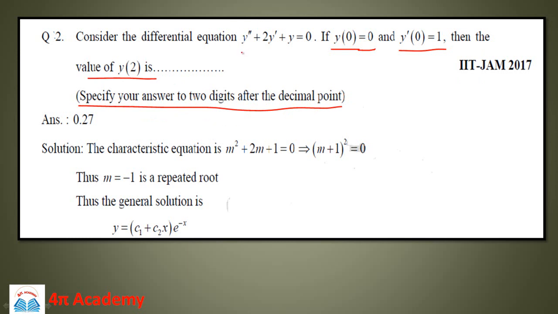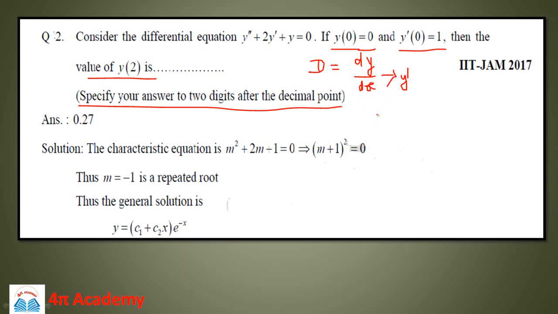I have already explained in my previous lectures that the notation for the differential operator D, which means dy by dx, can also be written like y dash.